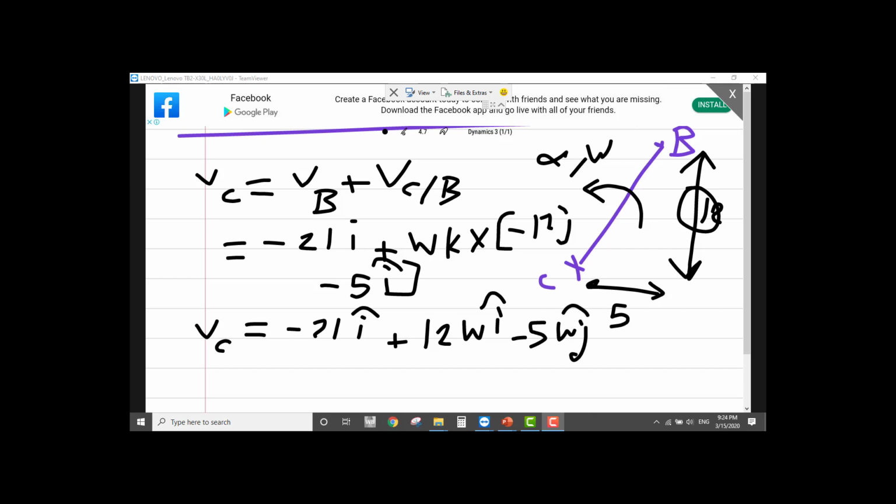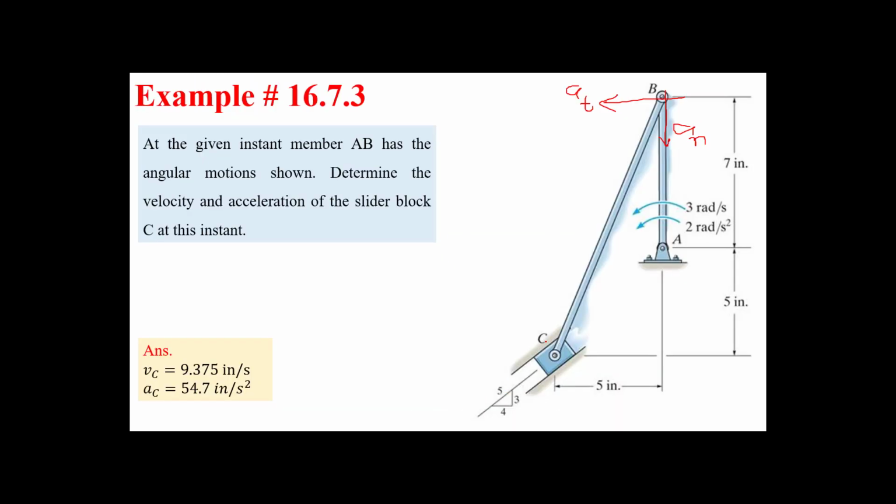j direction. Now if I go back to the question, you can notice that BC, as we mentioned earlier, has two components.